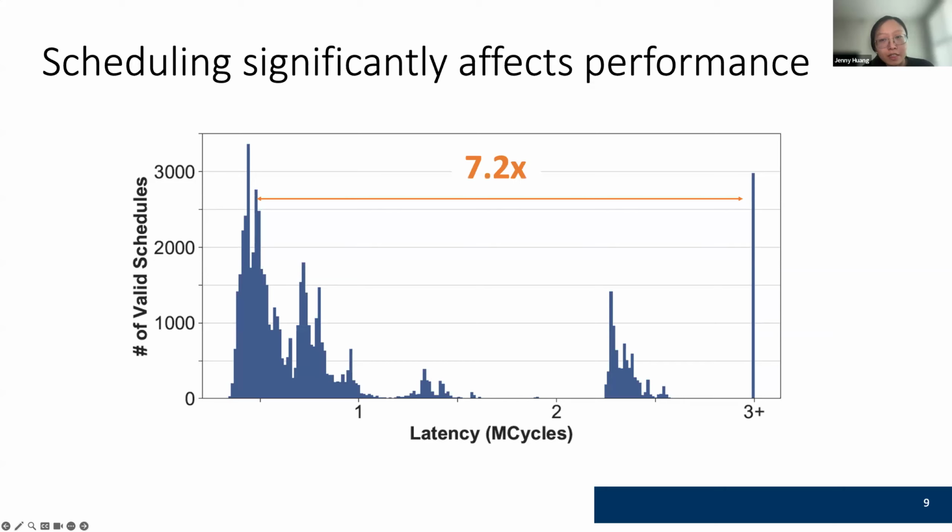Shown in this slide is a stack of 40K mappings from a ConvNet that we're trying to map to a 4x4 NoC accelerator. We can see from the simulator that the best and the worst schedules can differ by 7.2 times in latency, which is quite significant.